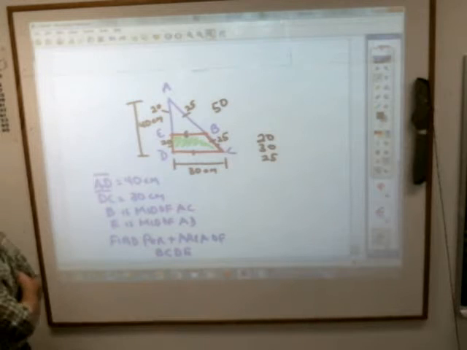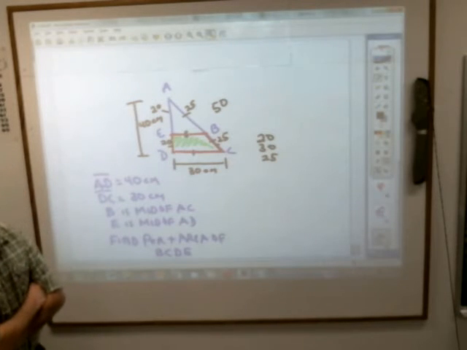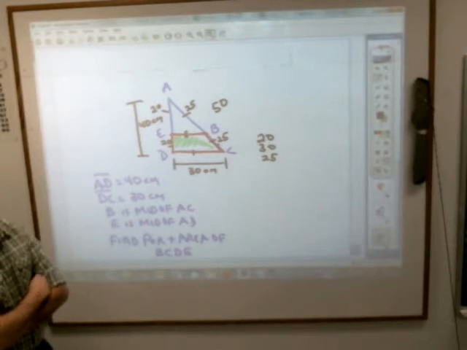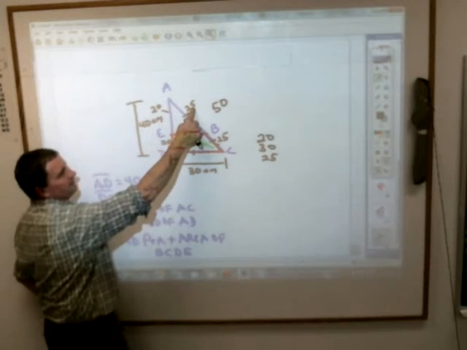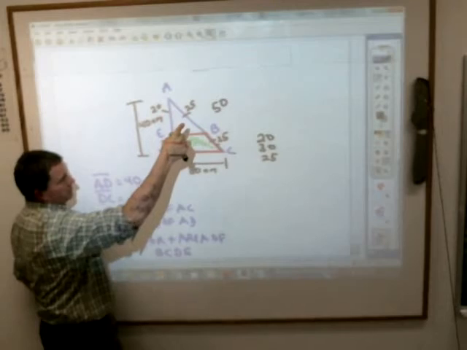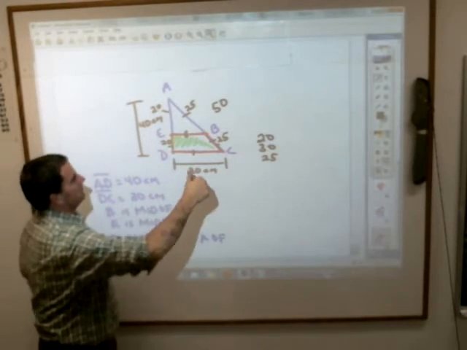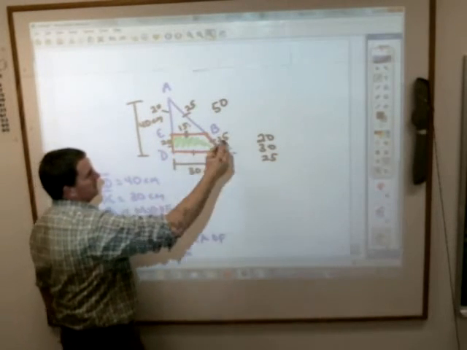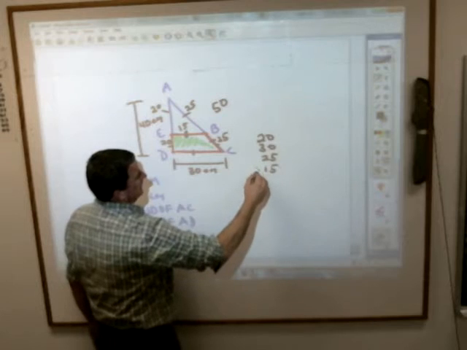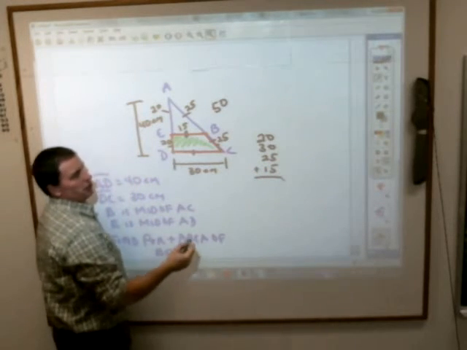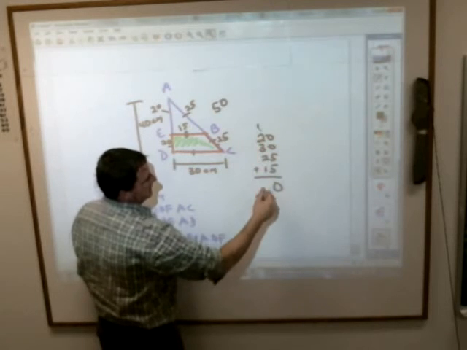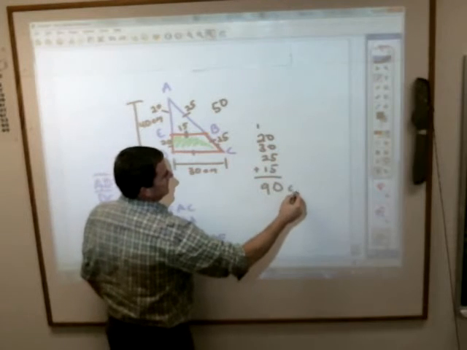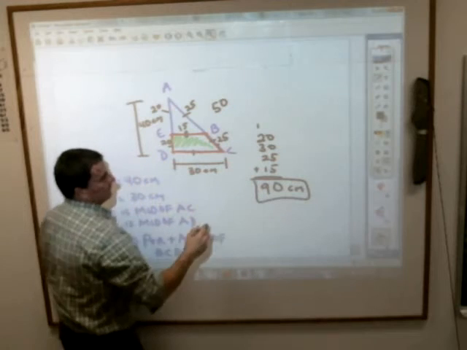Is there 20, 25 up there? Cut them both by 5. This is a 4, that's a 5, so this has to be a 3, but you have to remultiply it by 5, so it's 15. Oh, look, so smart. There's my perimeter. 3, 4, 5, 6, 7, 8, 9. My perimeter is 90 centimeters. It's halfway there.